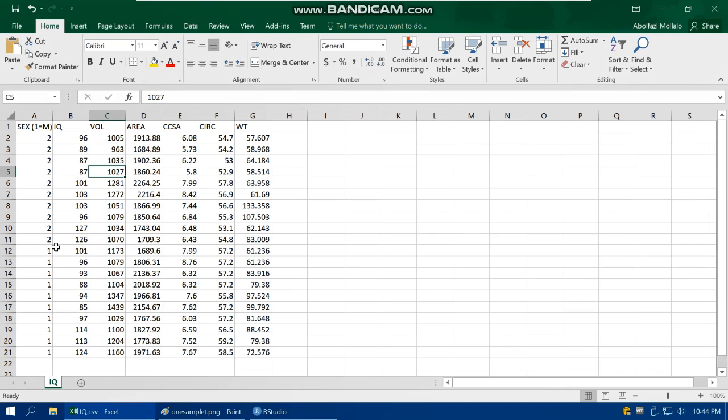We would like to know whether the average IQ in this sample, which is 101, is statistically higher than, or maybe different than, the average IQ level in the population, which was 95.